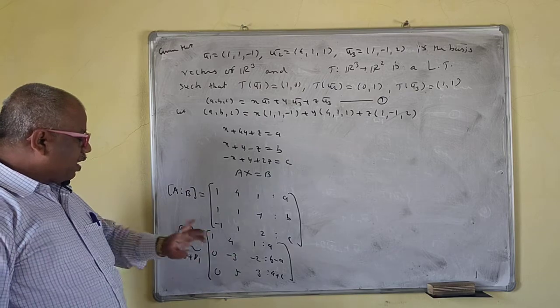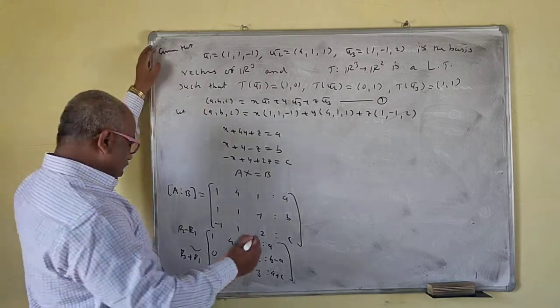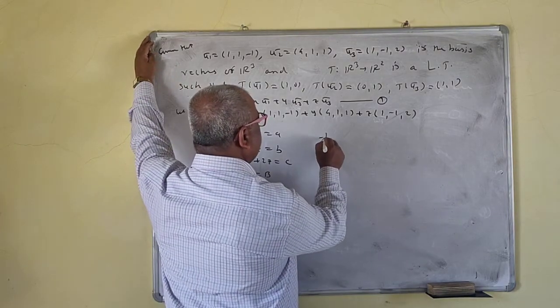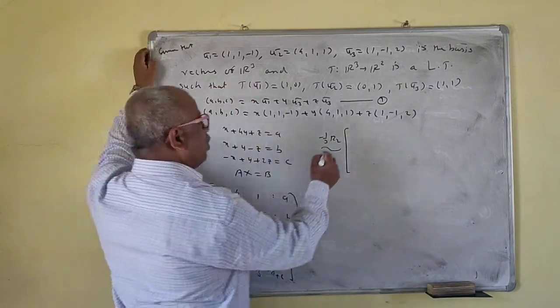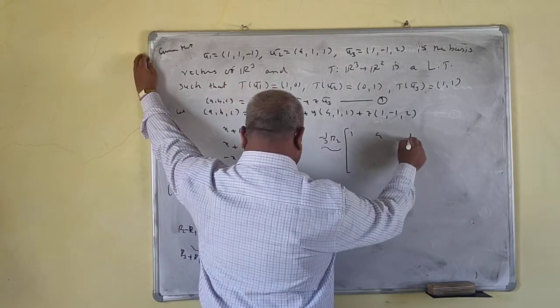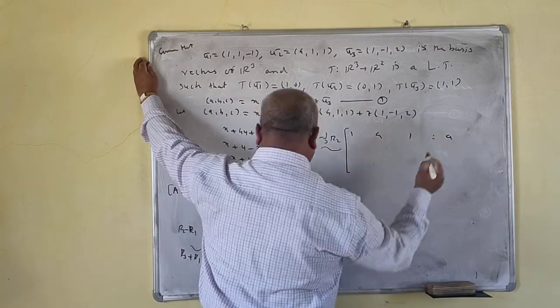Now we will divide by minus 3, for ease of calculation, that is minus 1 by 3 R2. So 1, 4, 1, a.